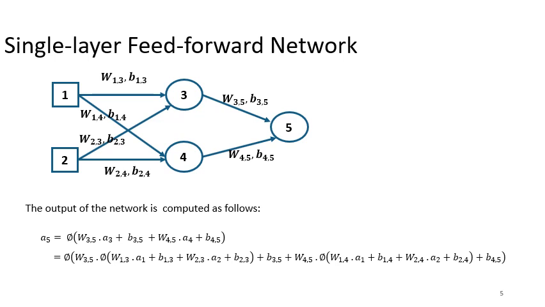Then we can replace E3, which is the output of node 3, with its value. So we can backpropagate and compute all the variables according to their functions. So here we will have the same thing, but we will replace E3 by the activation function applied on the sum of W13 multiplied by E1 plus B13 plus weight W23 multiplied by E2 plus B23.